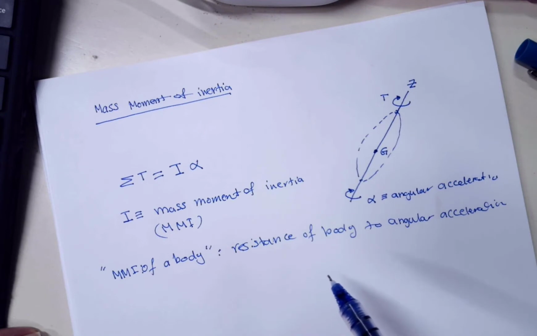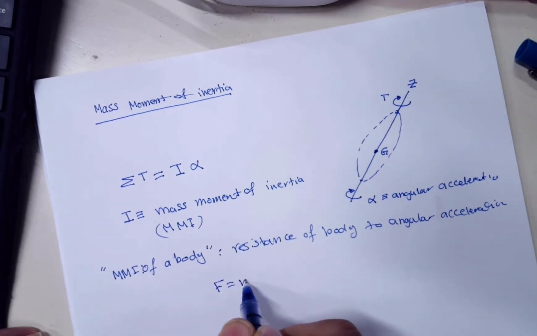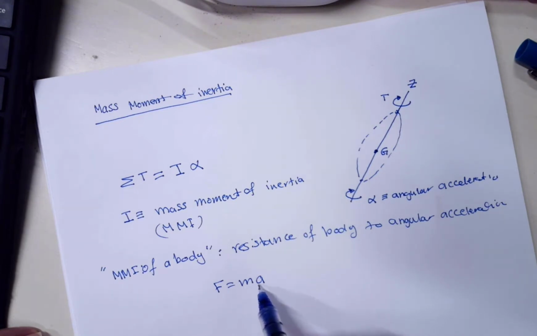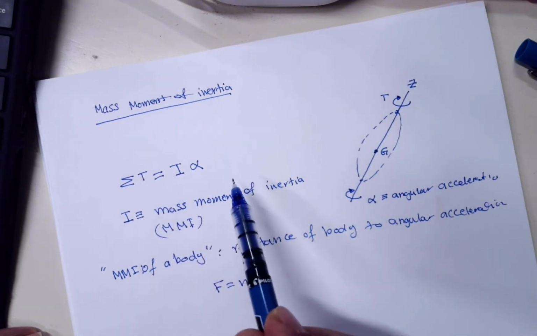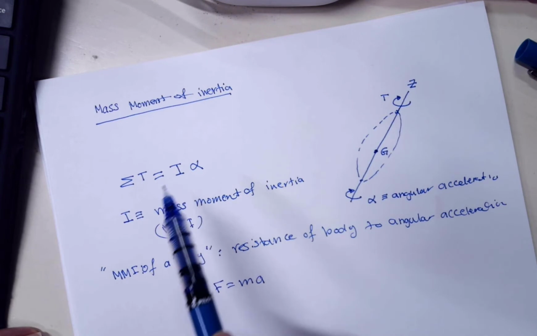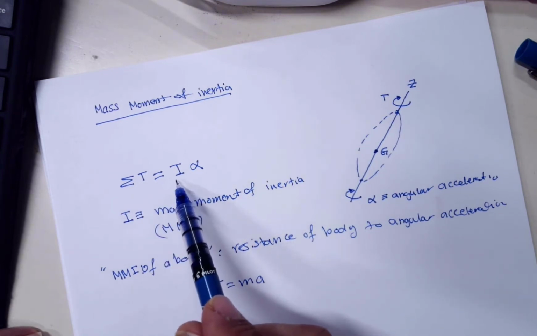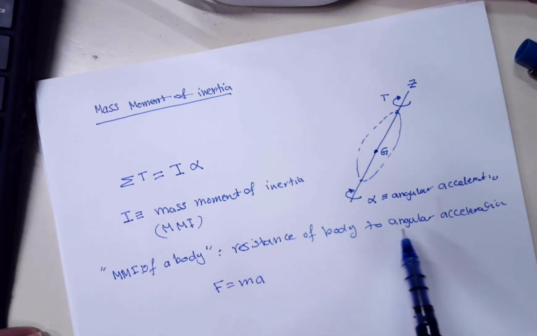This is similar to the role of the mass in the equation F equals ma, where we said in the past that the resistance of a translating body to the linear acceleration is called the mass. Similarly here, the I, or the mass moment of inertia of a rotating body, is the resistance of the body to the angular acceleration.